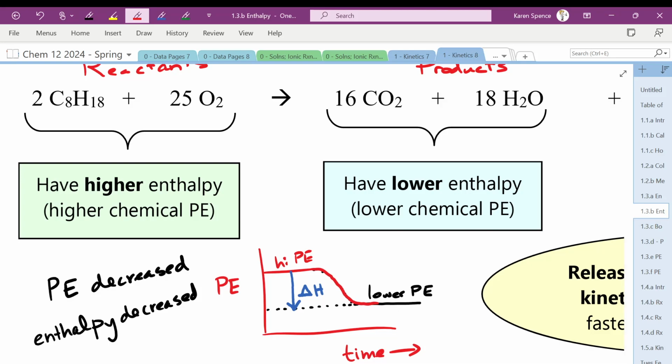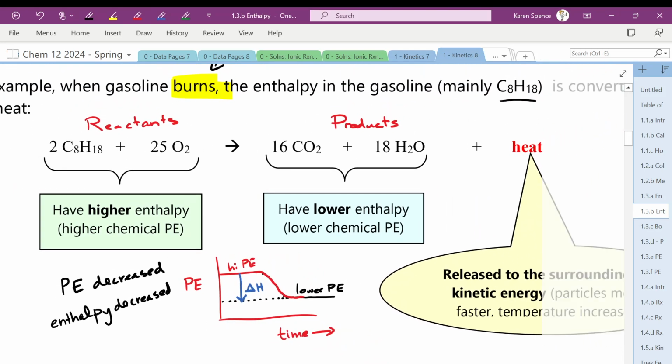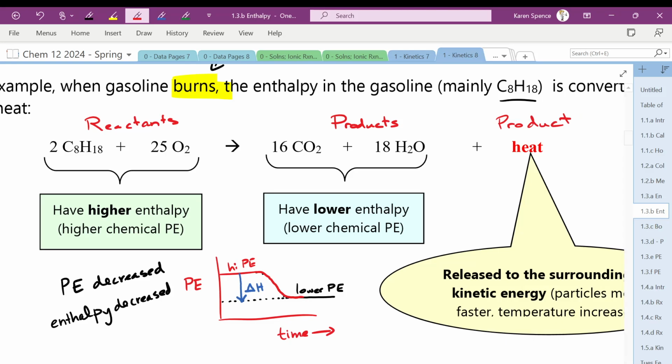And look what comes out. Okay, these guys are products, but also heat is a product. Heat is produced. It is released to the surroundings as kinetic energy. So what's happening is you've got the fire. Let's just say we're looking at a fire, you know, campfire.